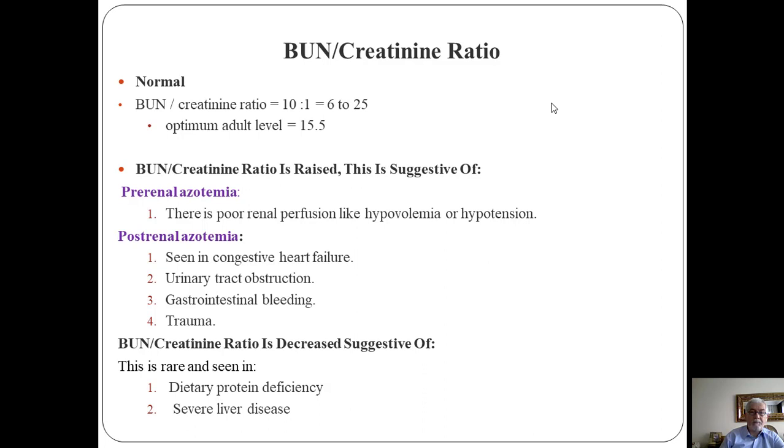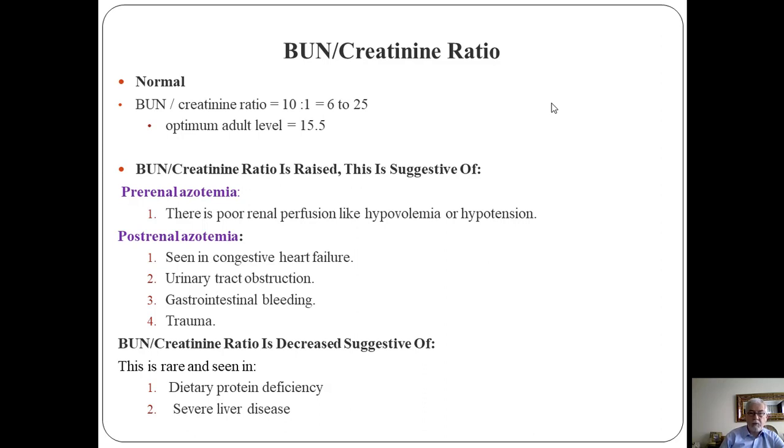Sometimes we accept 15, but some resources indicate this ratio as 20. Also, we can accept between 15 and 20.